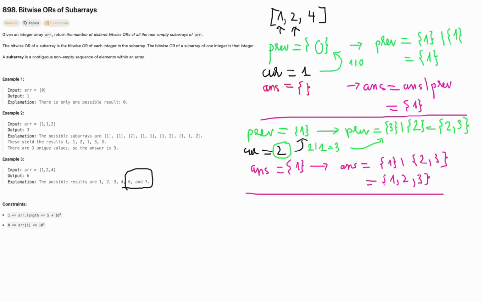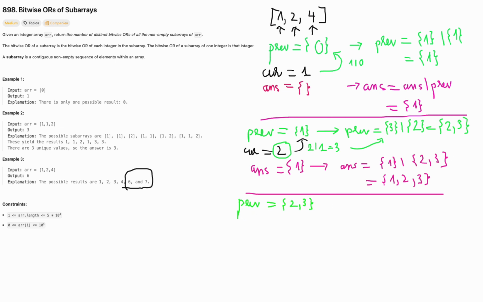Okay, so for the last iteration, we are here, and our previous value for the subarray is 2 and 3, right?